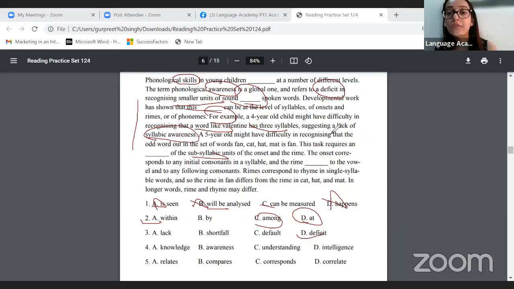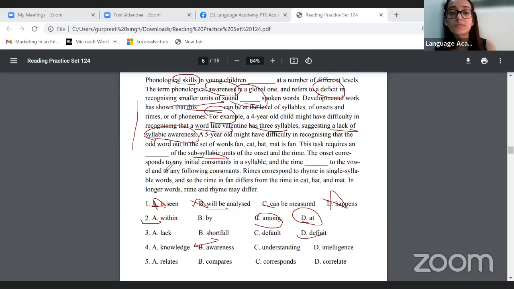There is lack of awareness, and that is why it requires awareness, not understanding. If they would have used understanding, we can also go with understanding. Using understanding is not wrong, but we cannot go out of the topic. The topic is not understanding. The topic is knowing. They don't know the things. They're not aware of the things.